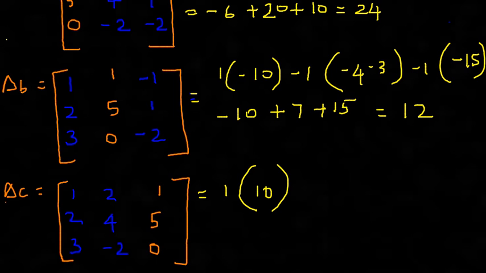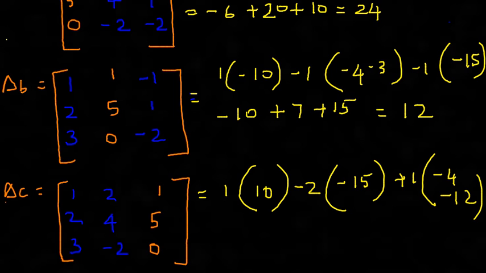So it is plus 10. Minus 2 and 2, 0 minus 15. And the last one is plus 1 into minus 4 minus 12. So what do you get there? 10 plus 30 minus 16. And the answer is 24 again.